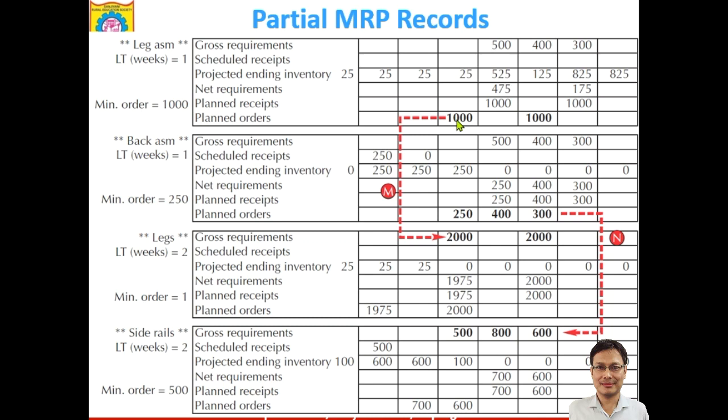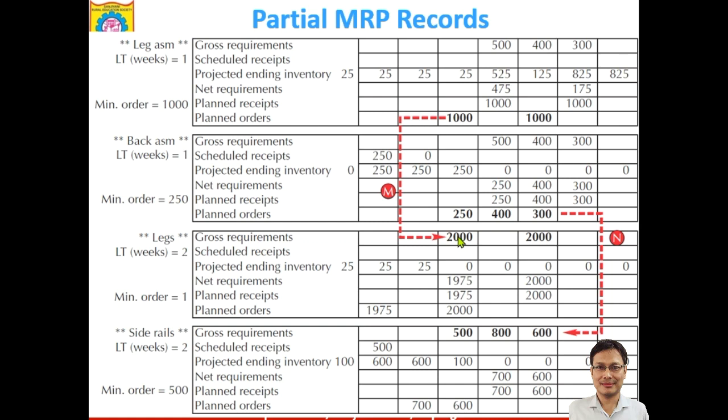Since a leg assembly consists of 2 legs, we'll require 2000 units. So the gross requirement will be 2000 units for legs.